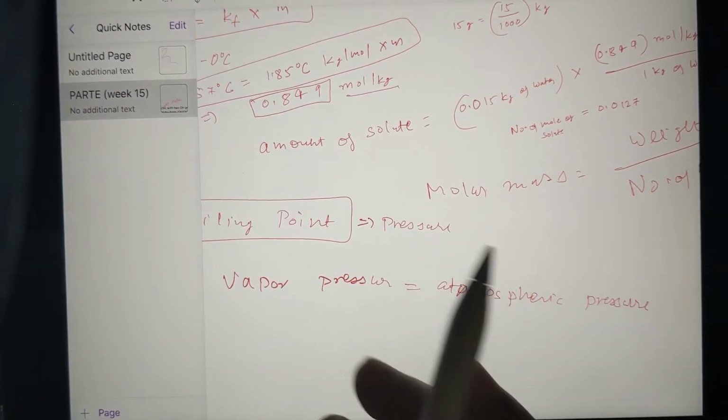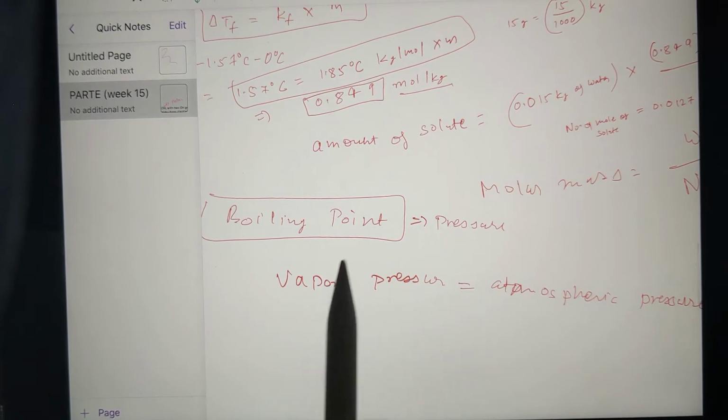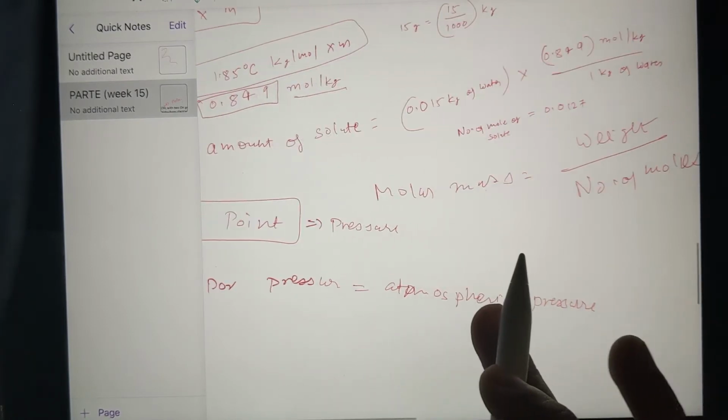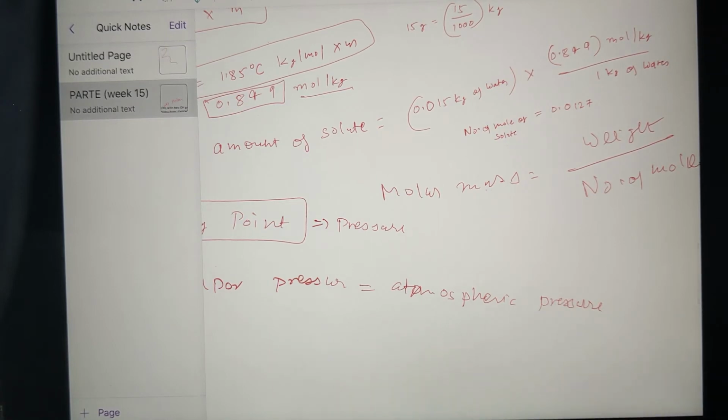Okay, so this is what boiling point is. That's when your liquid starts boiling.